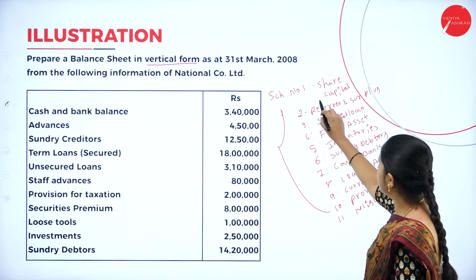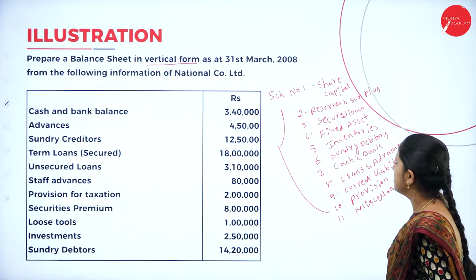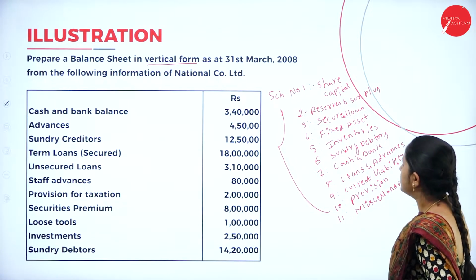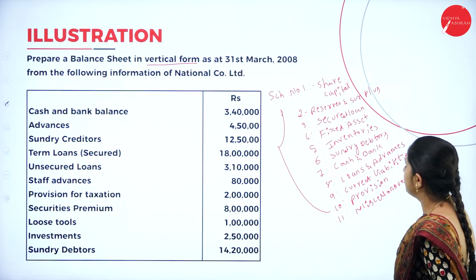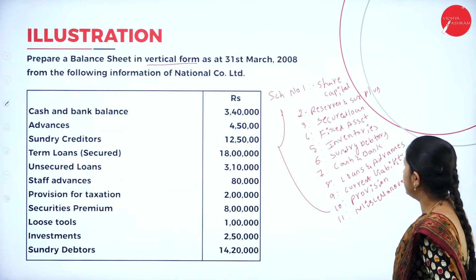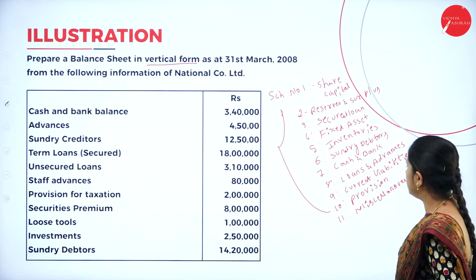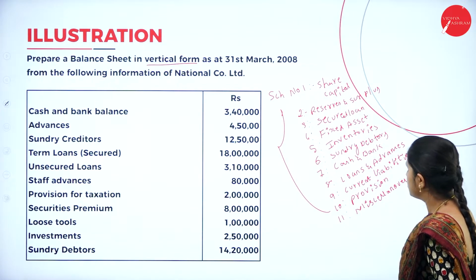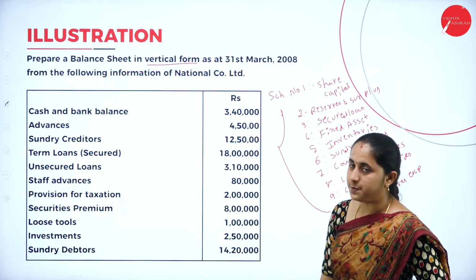So here schedule 1 is share capital, schedule 2 reserves and surplus, schedule 3 secured loan, schedule 4 fixed assets, schedule 5 inventories, schedule 6 sundry debtors, schedule 7 cash and bank, schedule 8 loans and advances, schedule 9 current liabilities, schedule 10 provisions, schedule 11 miscellaneous expenses.